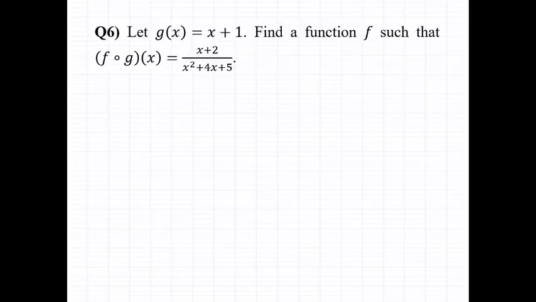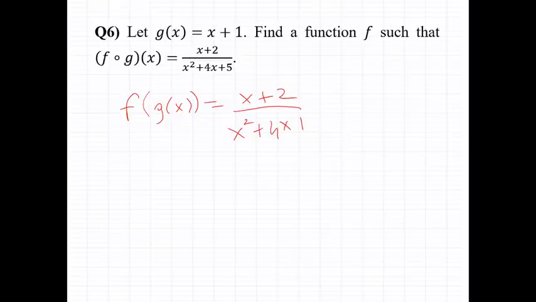Now let Gx equal to x plus 1 and find a function f such that F composition Gx is x plus 2 over x squared plus 4x plus 5. Now in this question, we want to find a function such that f of Gx is equal to x plus 2 over x squared plus 4x plus 5.